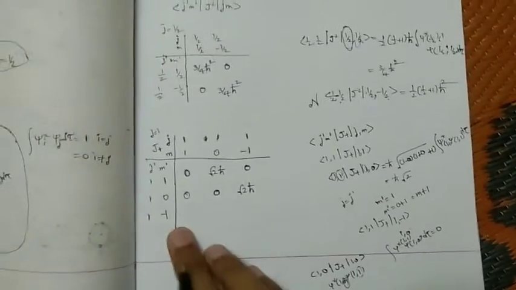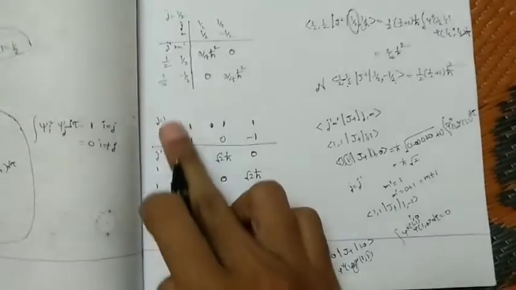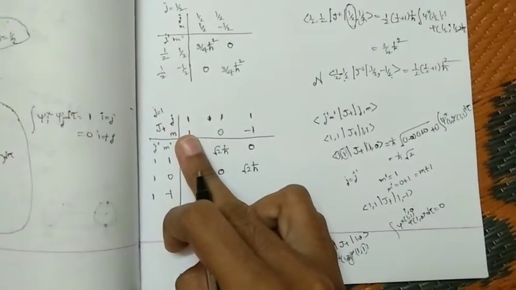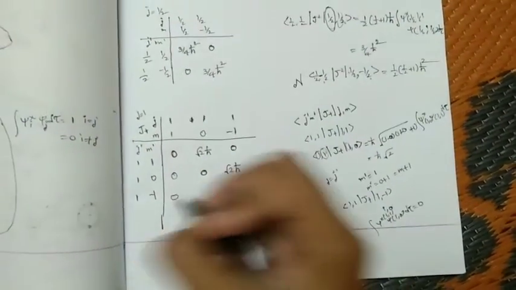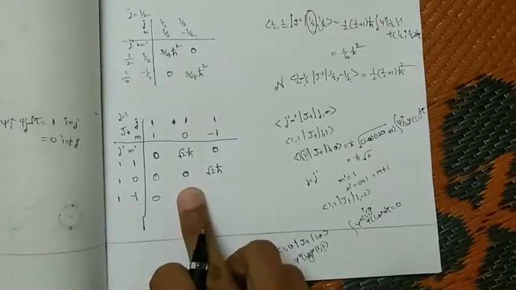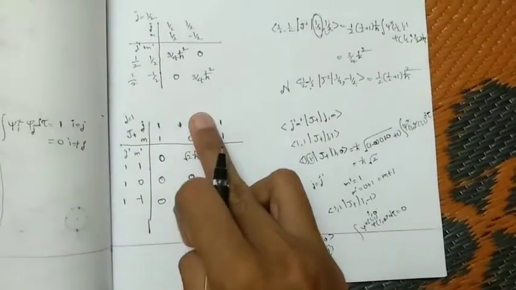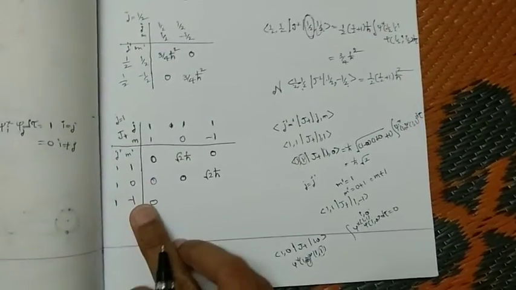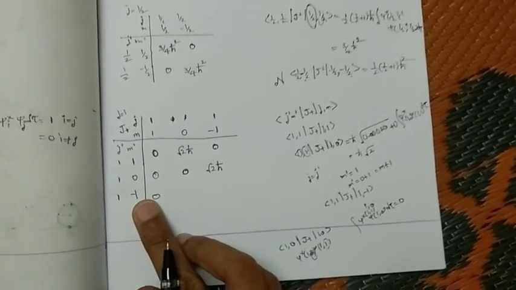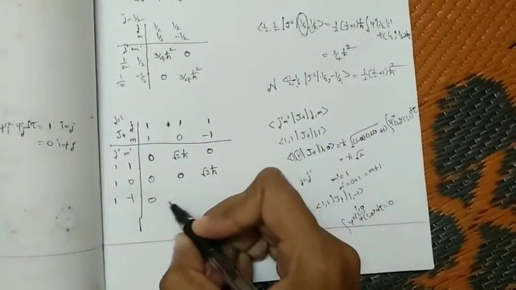Now considering the next element, as usual it increases the value of m by 1 to 2, which is not allowed, so 0. And in this case it increases the value of m by 1, so we would have (1,1), but here it is (1,-1). After application both are not equal, so this element would also be 0.